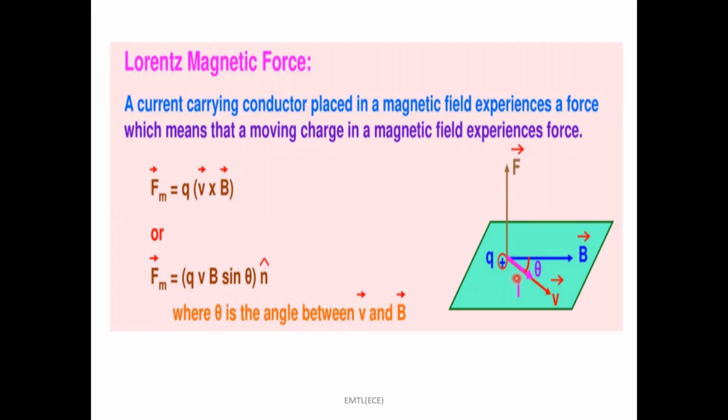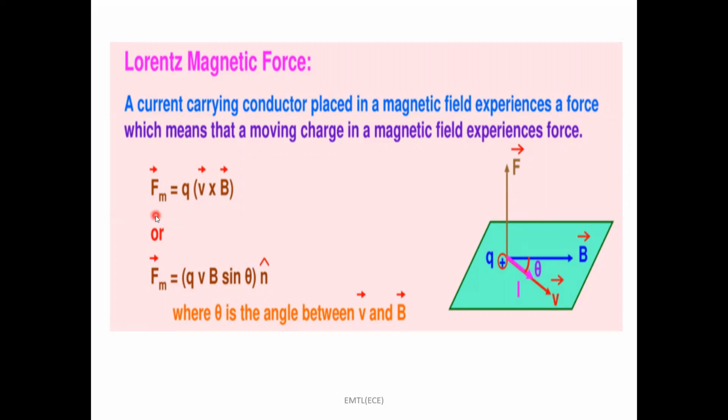Now this moving charge is placed in a magnetic field, and this is the direction of the magnetic field. Due to that, the charge experiences a force called the Lorentz magnetic force, or simply magnetic force.